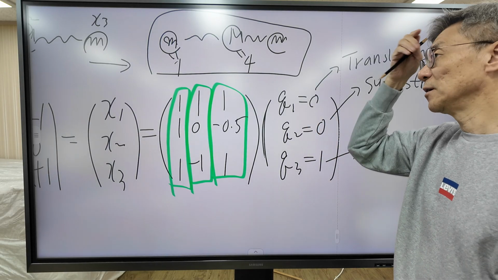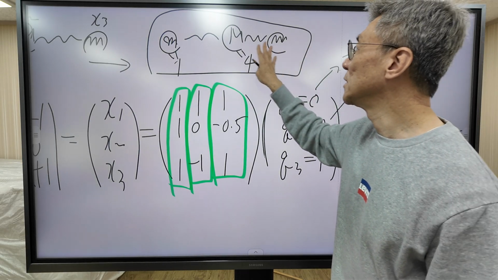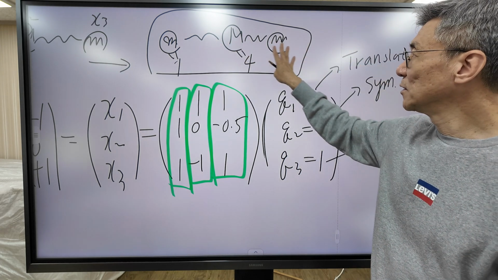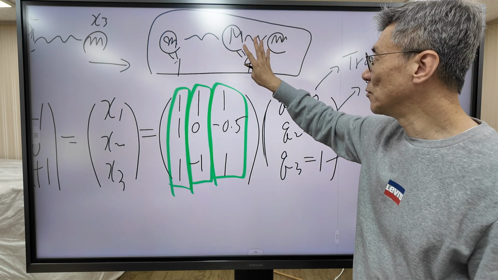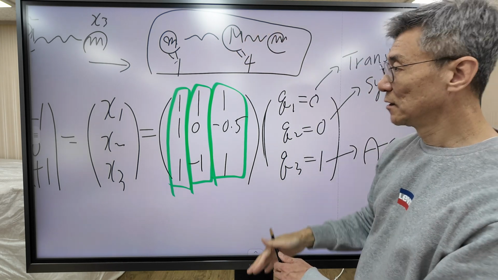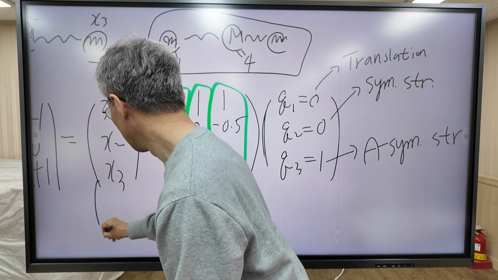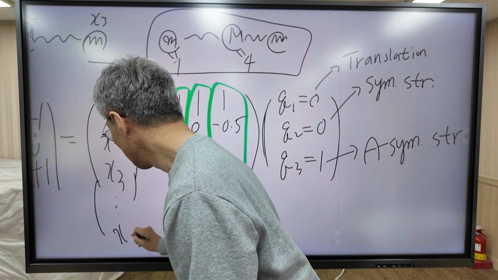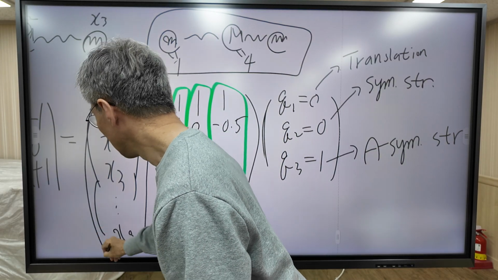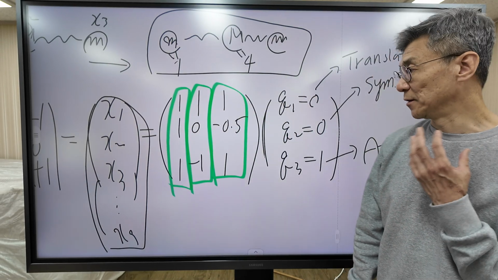If we do not assume that the molecule is one-dimensional, but let the molecule move in 3 dimensions, 9 coordinates are required.